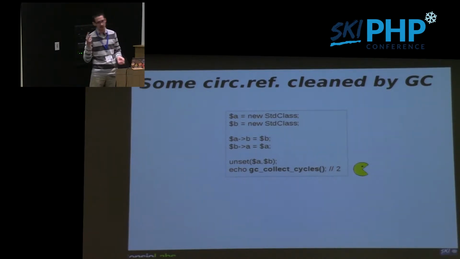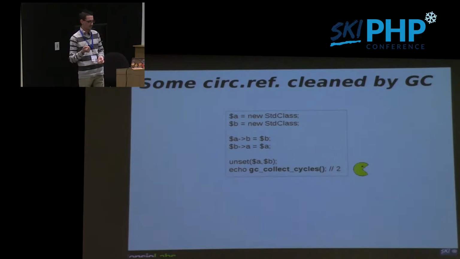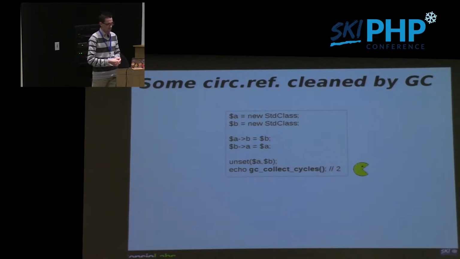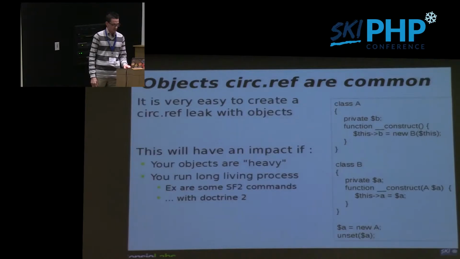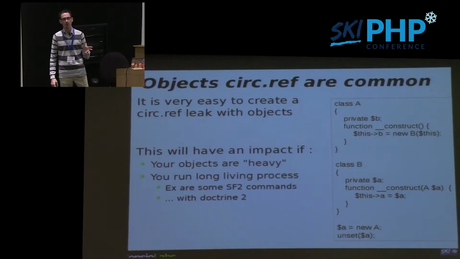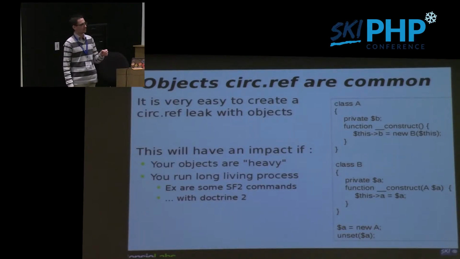They could be arrays as well, but with arrays you have to play with references if you want to really have circular references. So it's better to show with objects because it's much easier to do. It's very, very easy to have circular references.